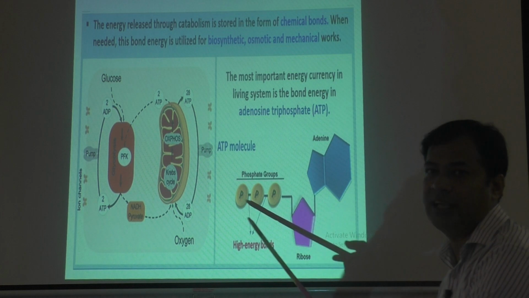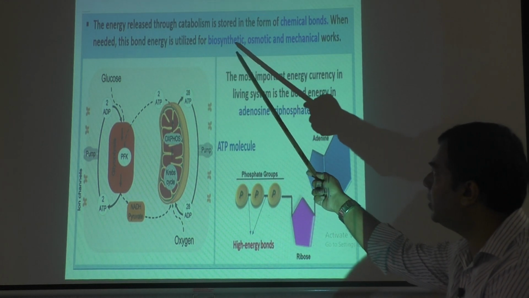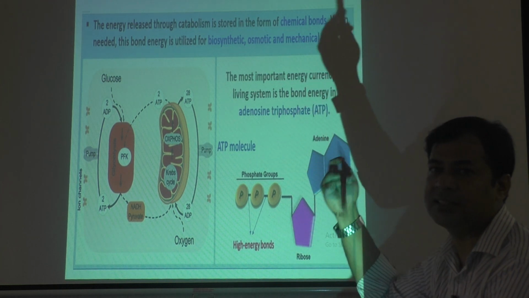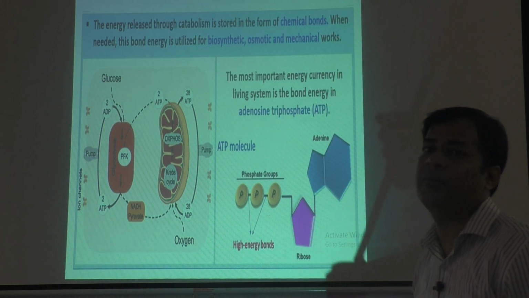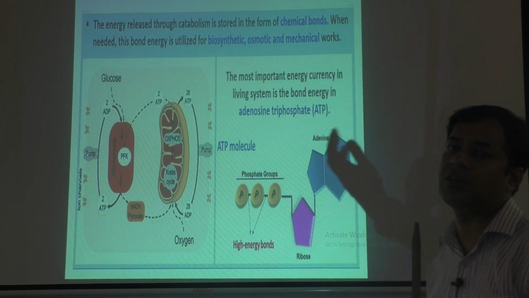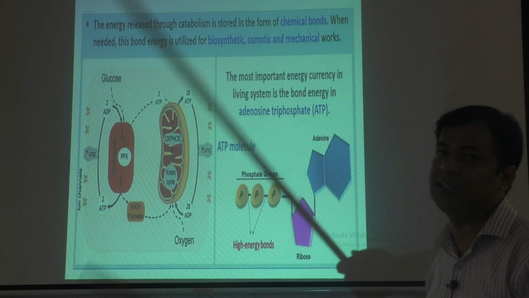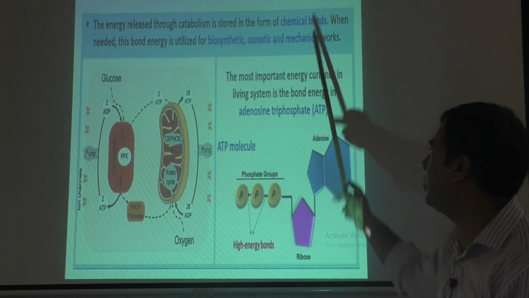Whenever energy is required, it can be used for any synthesis process in the body, or maintaining osmotic potential of the body, or to do any physical or mechanical work like running, jogging, all that work. Whenever energy is required, you can use it from ATP.